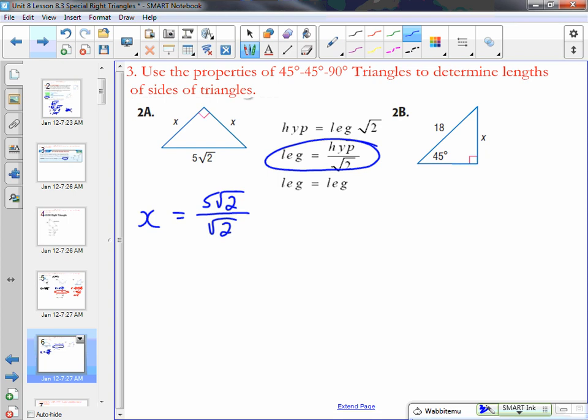Because, like, if that was an 11 as our numerator, there's no need to go to the calculator and see what 11 divided by the square root of 2 is. But on this one, take a wild guess. What do you think the square root of 2 divided by the square root of 2 is? It's 1. It's not 2. It's 1, because any number divided by itself equals 1. So square root of 2 divided by square root of 2 is 1. So we get 5.